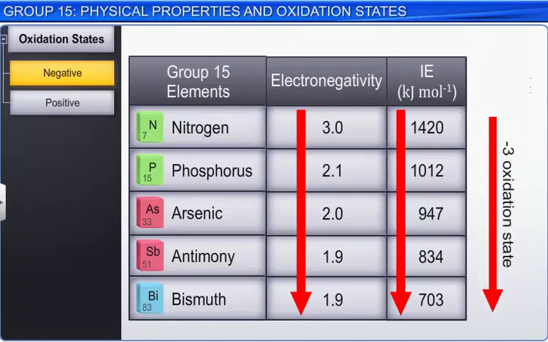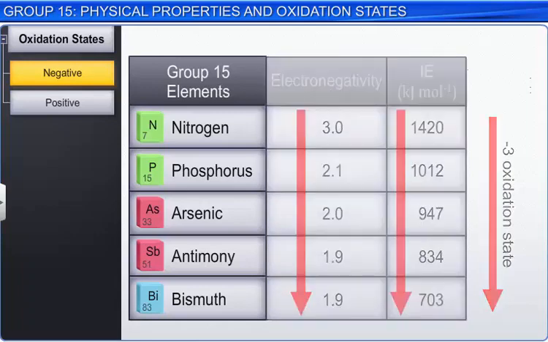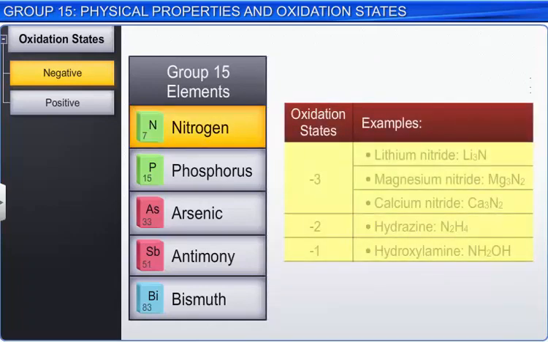Nitrogen also shows -2 oxidation state and -1 oxidation state. -2 oxidation state is observed in hydrazine, while -1 oxidation state is observed in hydroxylamine.